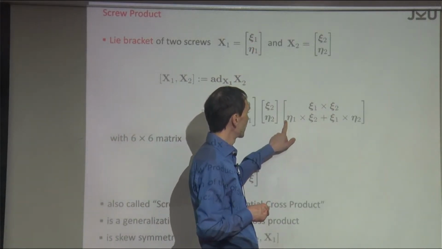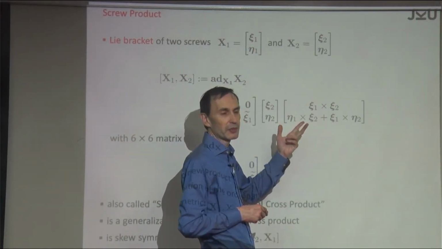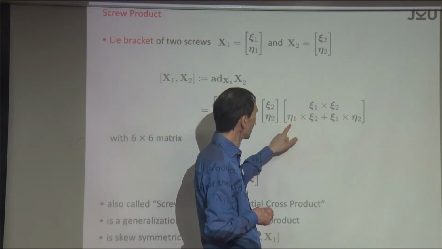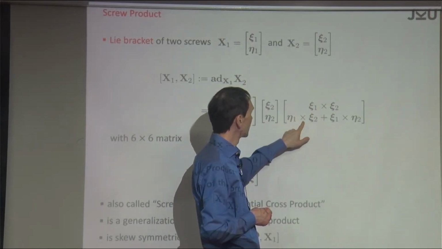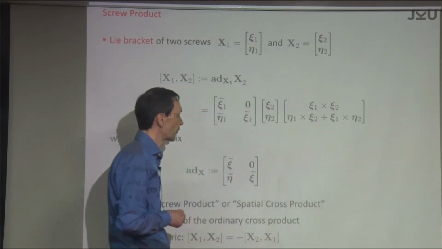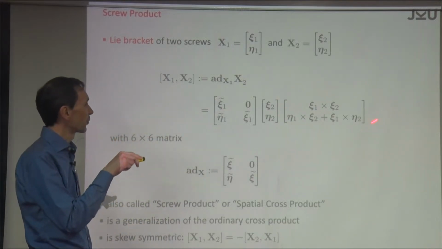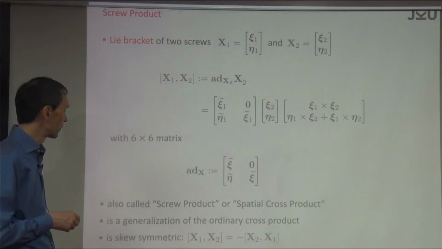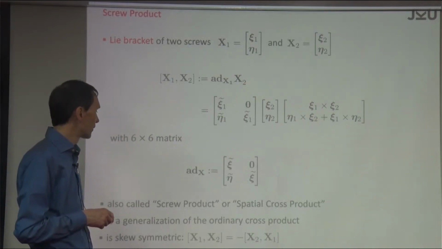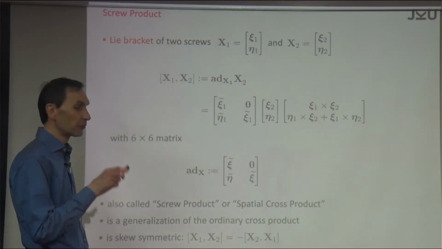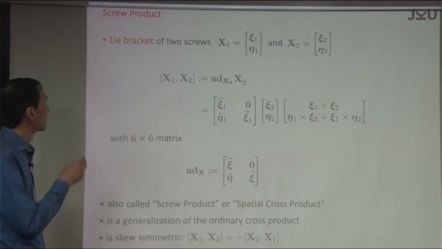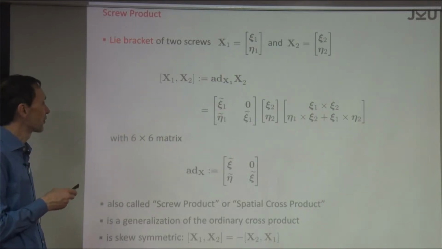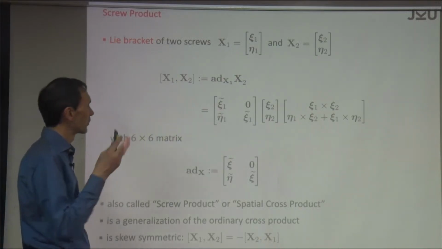Because the cross product is skew-symmetric, that's the same as plus eta 1 cross C2. So essentially, this is what we call the spatial cross product, but to be more precise, it's called the screw product, and to be even more precise, this is called the Lie bracket, for reasons that go beyond the course.